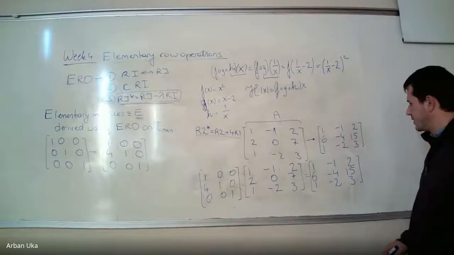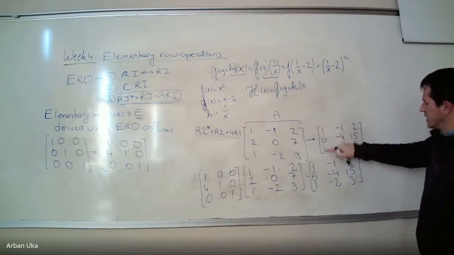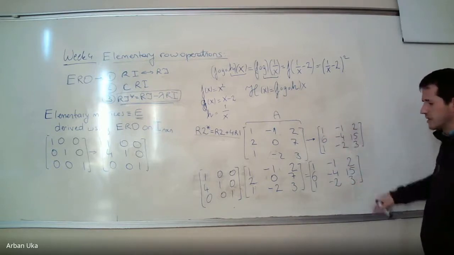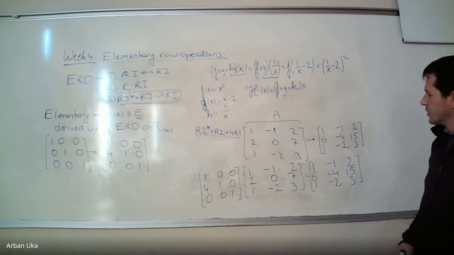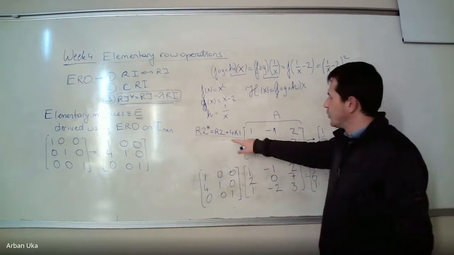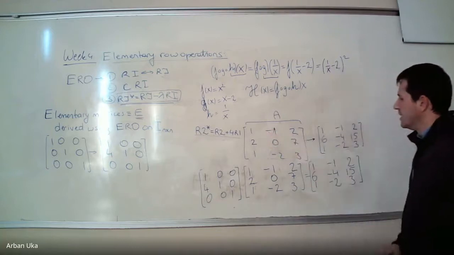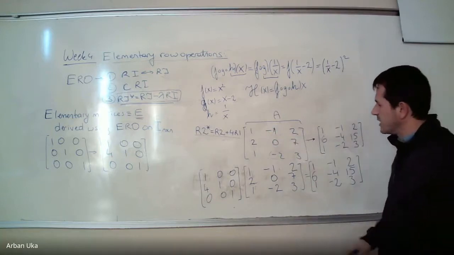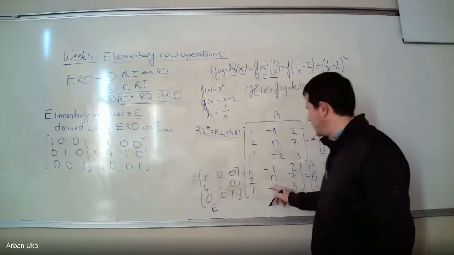Okay, now we can compare this result with this result. It looks like they are the same, right? They are equal. So what we understand from here is that the linear transformation represented by this operation on this matrix is equivalent to multiplying this elementary matrix E with the matrix A, okay?